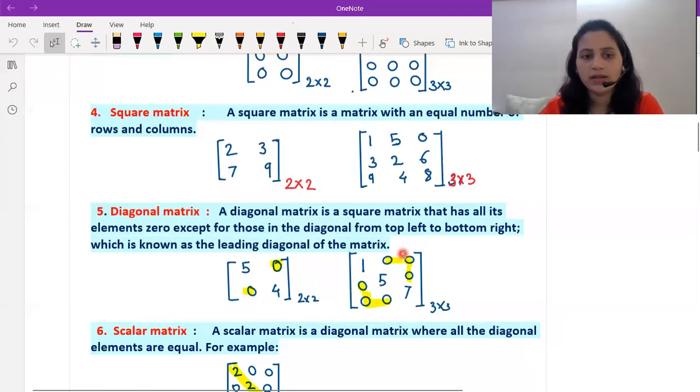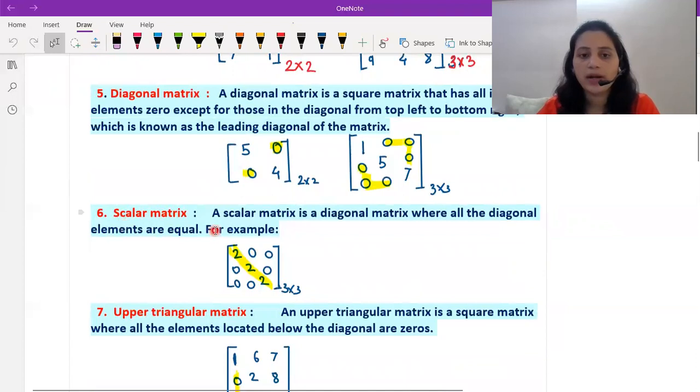In a simpler manner, in a diagonal matrix all the non-diagonal elements are 0 and the diagonal elements are other than 0.